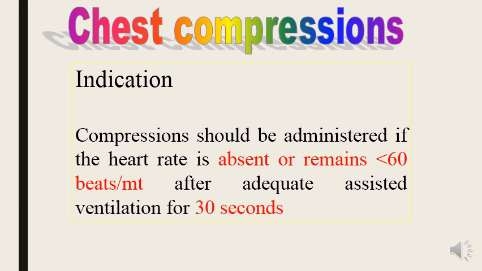So the main purpose of chest compressions is to increase the circulation and oxygen supply to the vital organs, and usually chest compressions must be accompanied by ventilation with 100% oxygen, so that the oxygenated blood is being circulated during the chest compressions.